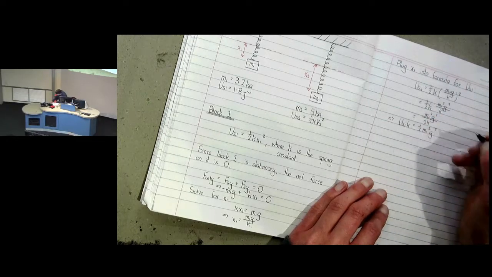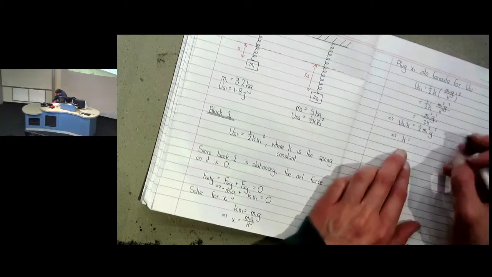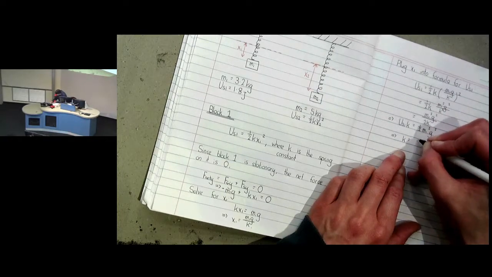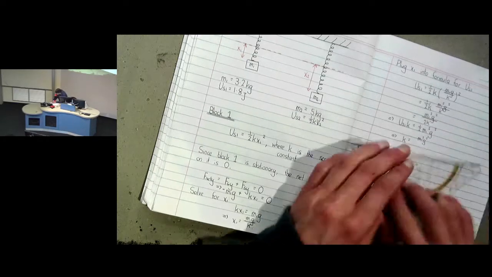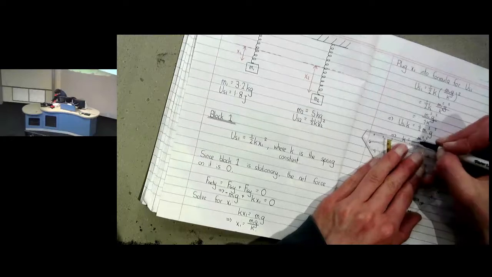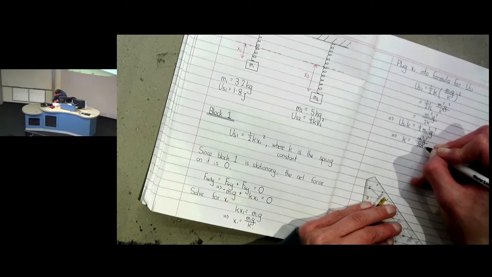And so finally, we're able to solve for the spring constant, which is going to be M1 squared G squared divided by twice the elastic potential energy.